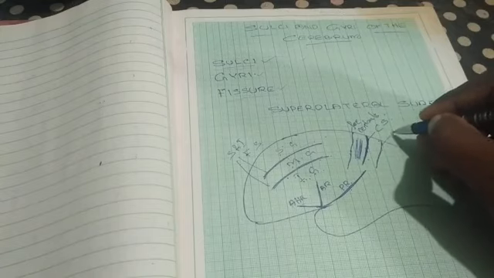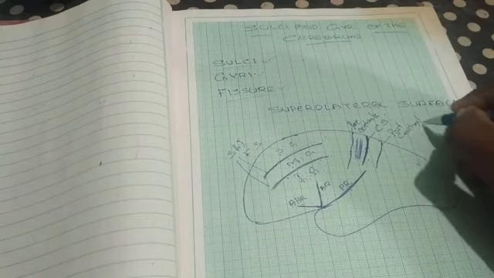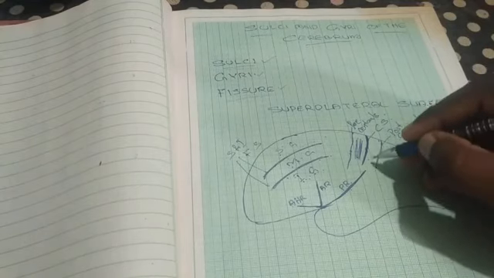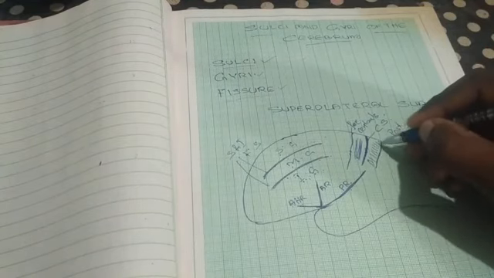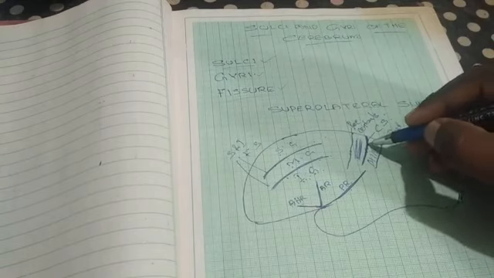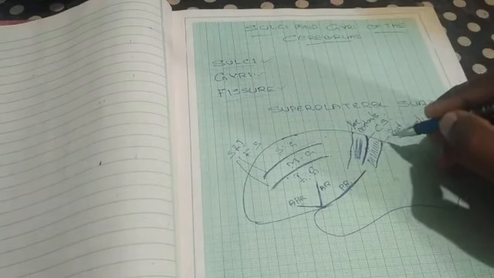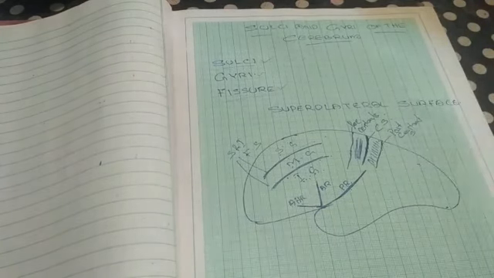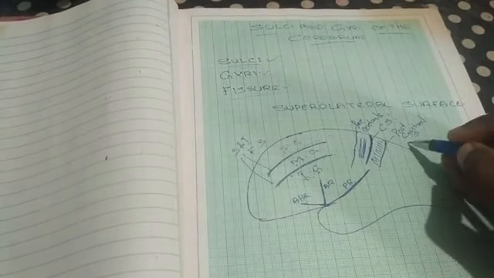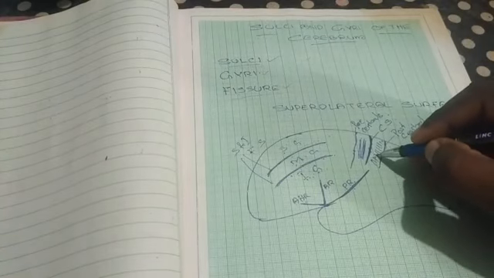That is called the post central sulcus. Between the central sulcus and the post central sulcus, we can see another elevation. That elevation is called the post central gyrus.